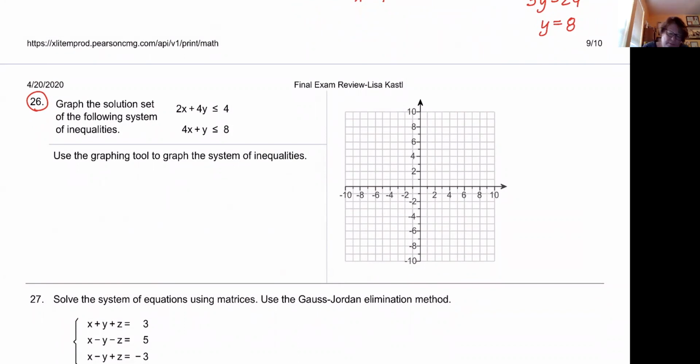So that first one, we have 2x plus 4y. If we graph the line, the x-intercept would be 2. The y-intercept would be 1. So I am going to graph those.